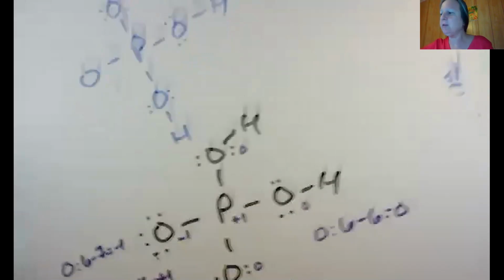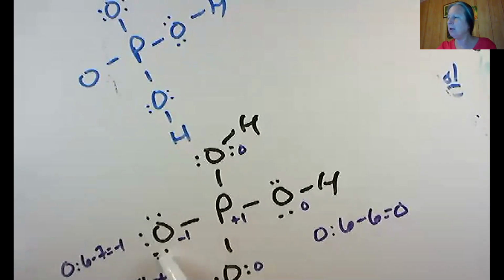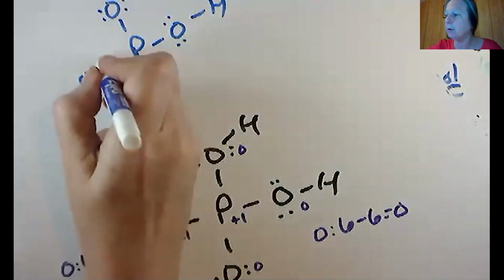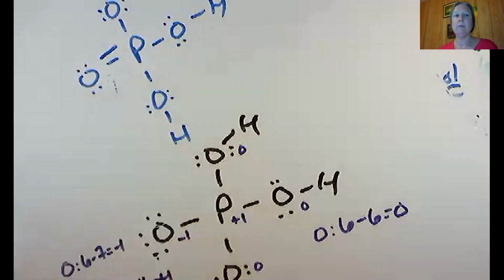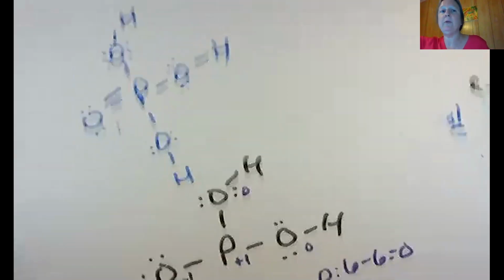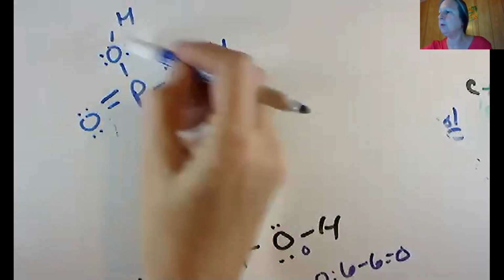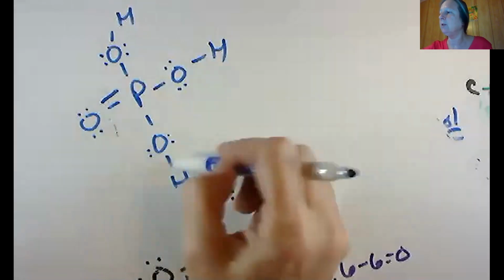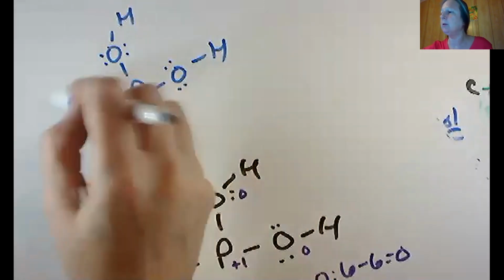So, but this oxygen, I can take one of these pairs and share it with the phosphorus, and that's what I'm going to do. So this pair, I'm going to share both of the electrons with the phosphorus and make a double bond. I still have 32 valence electrons. 2, 4, 6, 8, 10, 12, 14, 16, 18, 20, 22, 24, 26, 28, 30, 32.